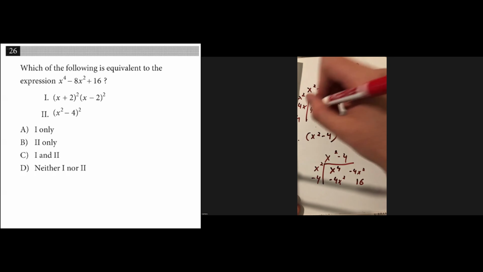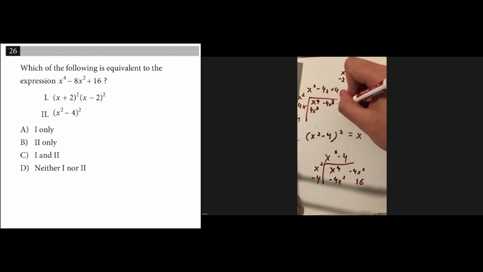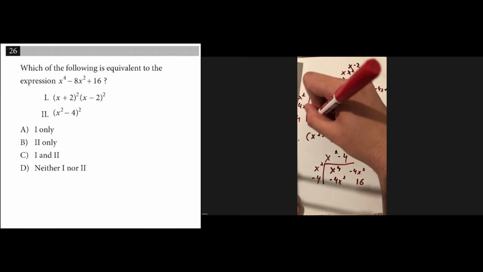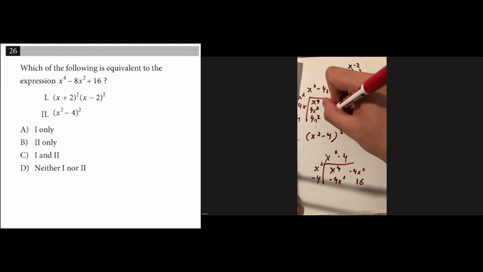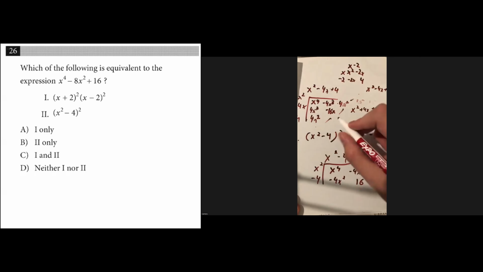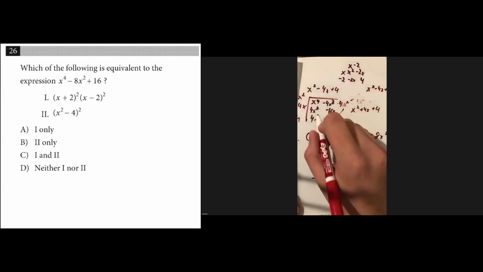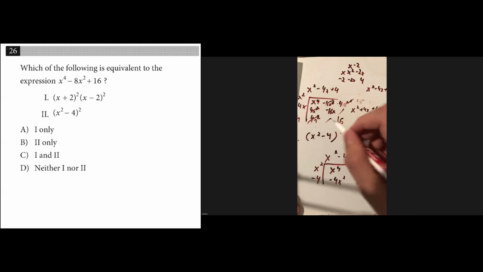Sorry, this is 4x cubed, 4x squared, 4x squared, negative 16x. And then these two cancel out, and these two cancel out, so we're left with x to the fourth minus 16x plus 16. So that is also equal to the expression. So the correct answer is C.